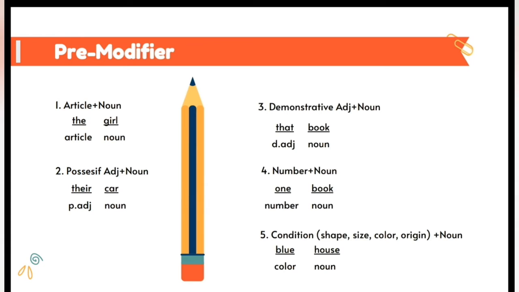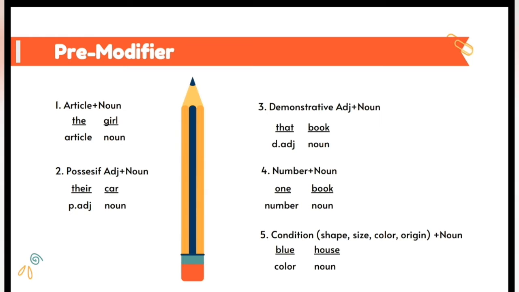Pre-modifiers. The first is article plus noun. For example, "the girl": the as article, girl as noun. The next is possessive adjective plus noun. For example, "their car": their is a possessive adjective, car is a noun.